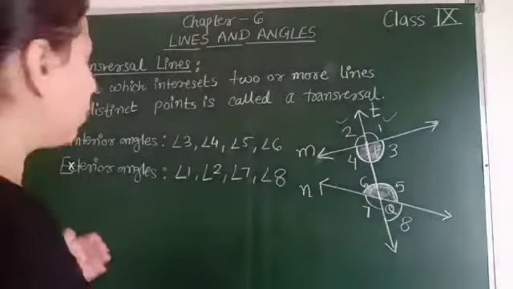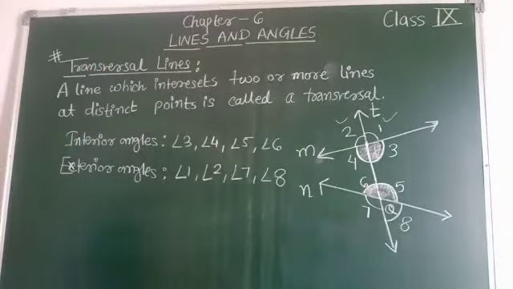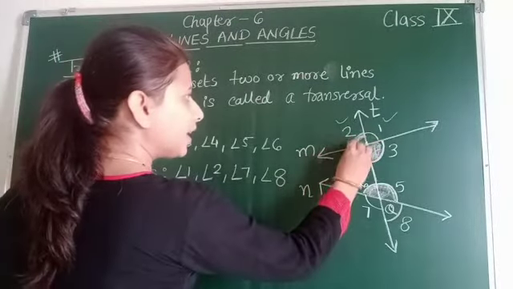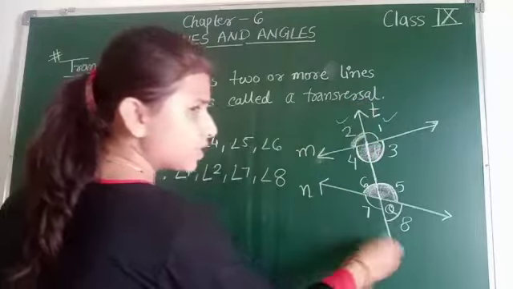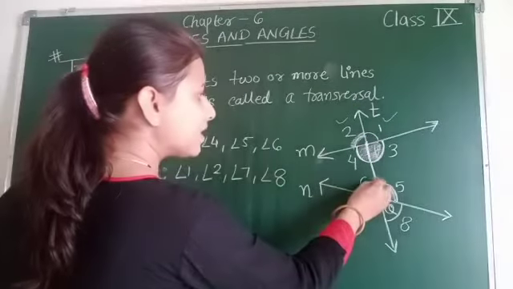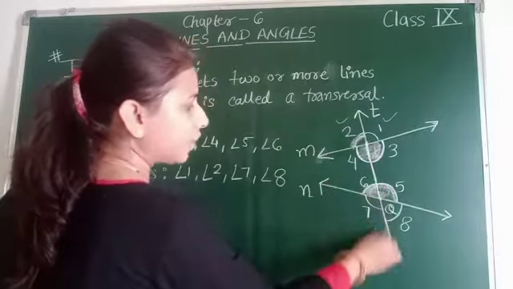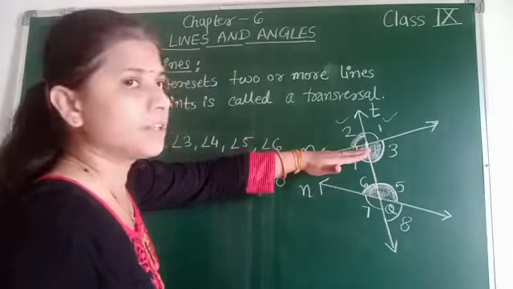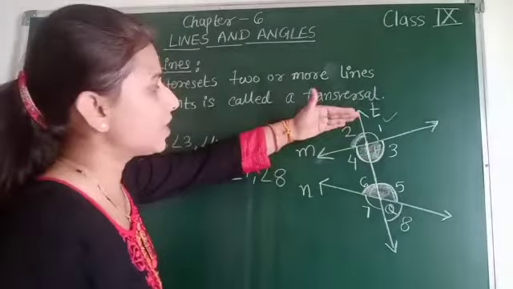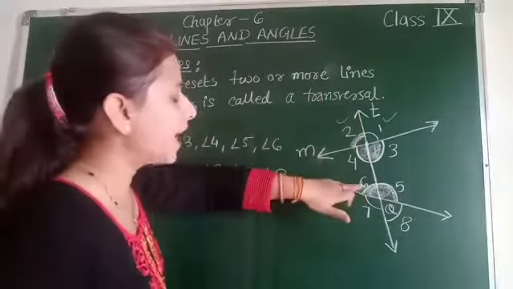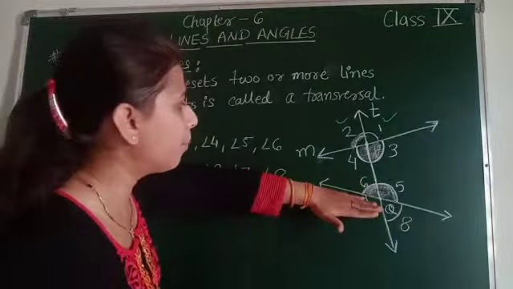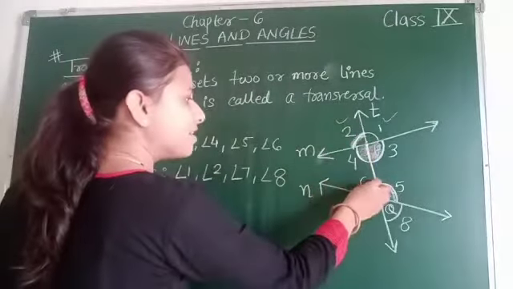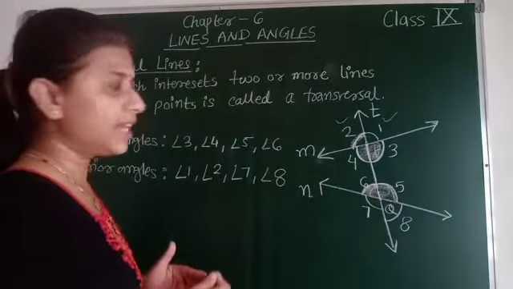Now we will see what are corresponding angles. As you can see here, students, this angle 2 is on the left side of this transversal line and angle 6 is also on the left side of this transversal line. And this angle 2 is just in the upward direction of this line M, and here angle 6 is also just in the upward direction of this line N. So these types of angles are called corresponding angles.